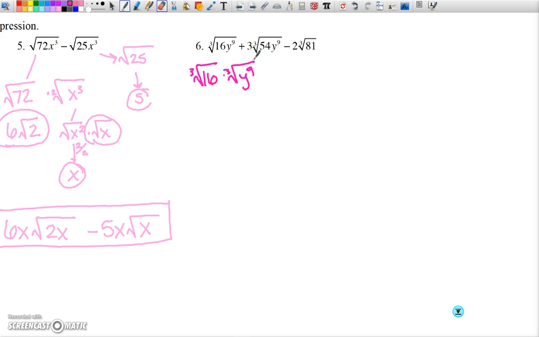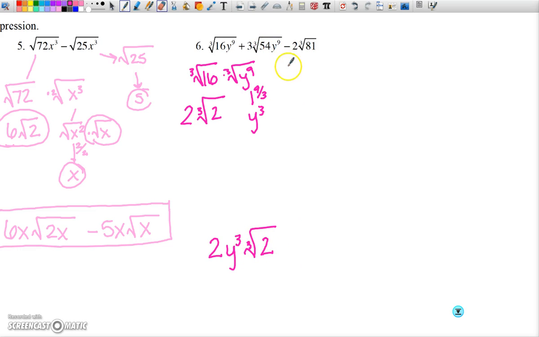So using your calculator, you can do 16 divided by x to the 3rd and go into your table, which gives you 2 times the cubed root of 2. And then y to the 9th, 9 is divisible by 3, so it becomes y cubed. So this whole first term here becomes 2y cubed times the cubed root of 2. And don't forget your little index of 3 there.